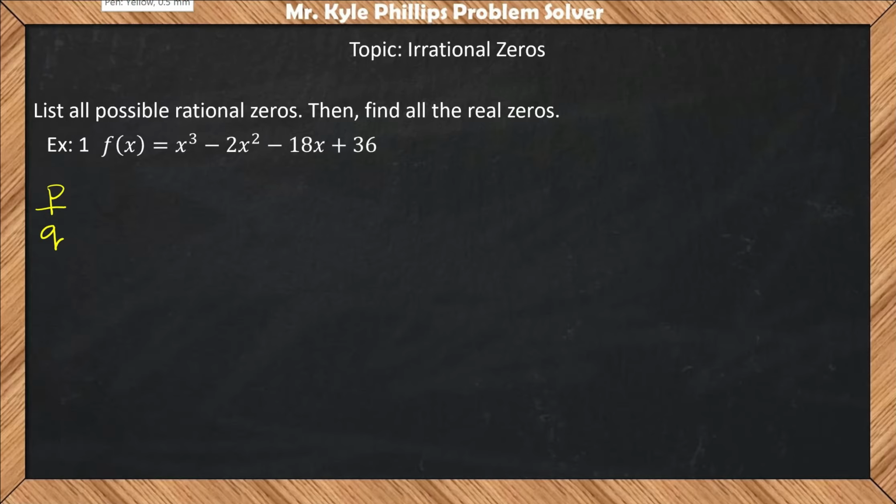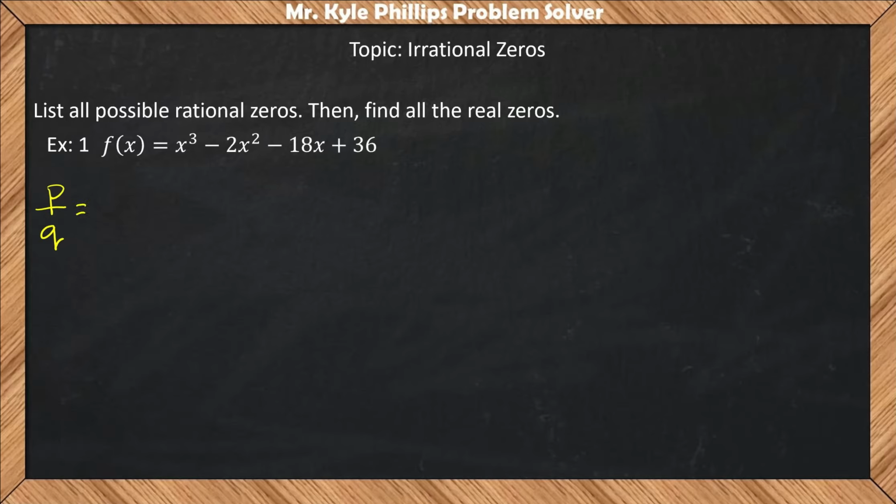So you may have seen this notation before, P divided by Q. P is going to be all the factors of your constant term, 36, while Q is going to be all the factors of your leading coefficient, in this case, 1. So I'll come down here and we'll write out all of our factors of 36.